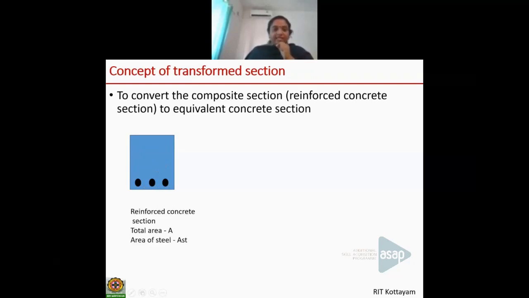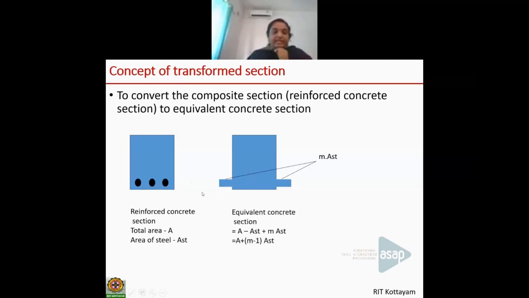Let the total area of the concrete be A and the area of the steel be Ast. Now, what is the transformed section? We will consider the entire thing as made only of concrete. So this extra portion which you are seeing now is the equivalent area of this Ast.